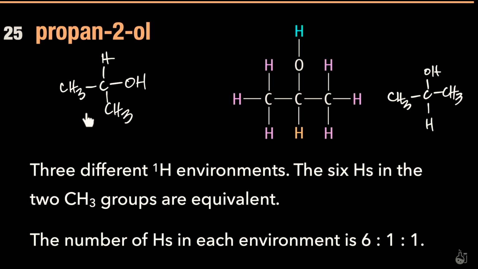Even if they don't have symmetry, they will be identical in their environment. The 2 CH3s on a carbon atom will give me the same environment. I'll show you some examples soon. But right now, these 2 are identical, so their heights will be 6, 1, and 1. So the ratio will be 6:1:1.